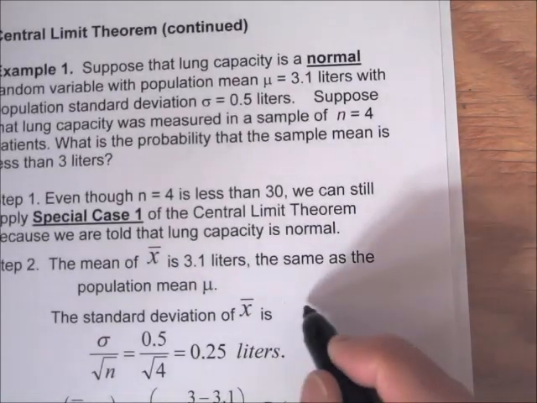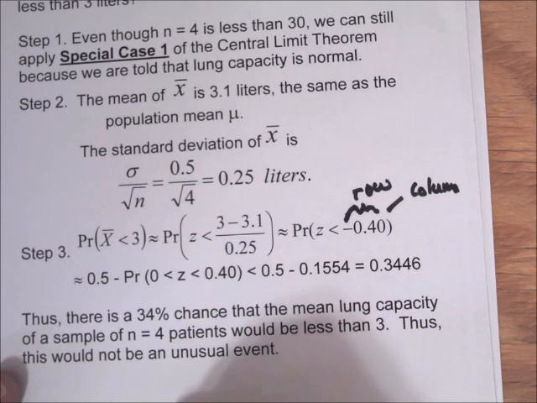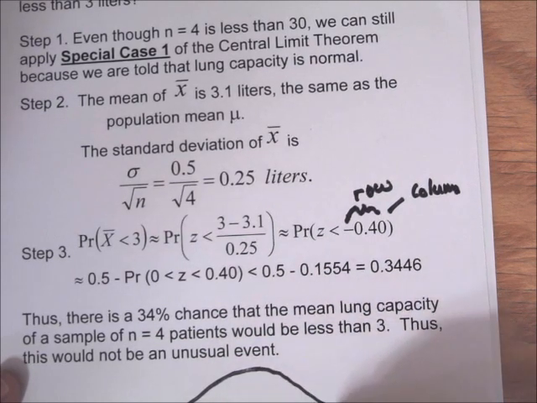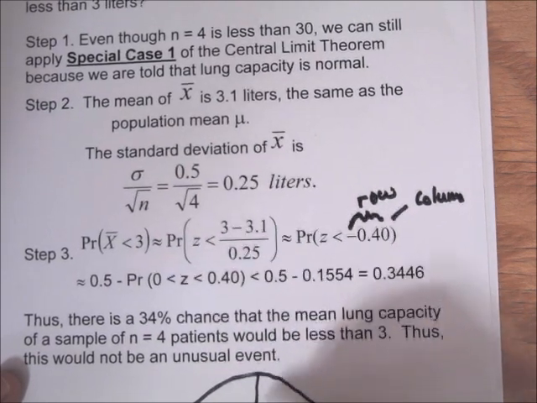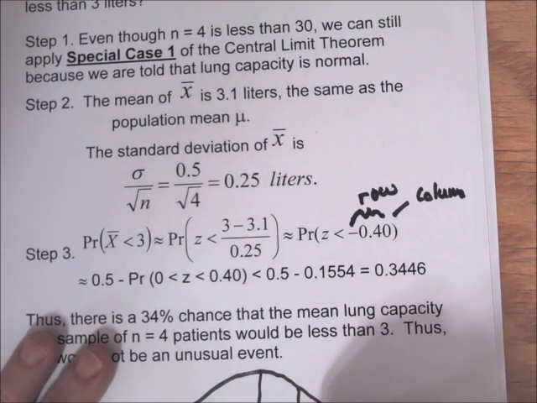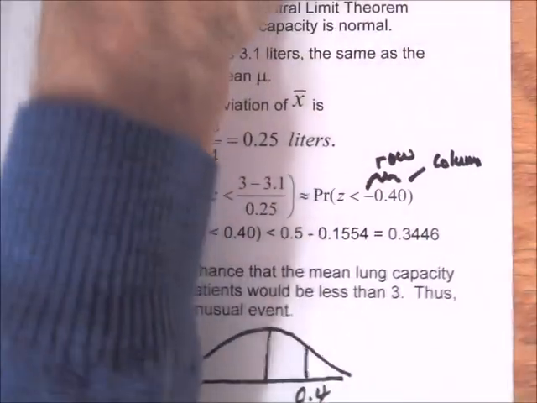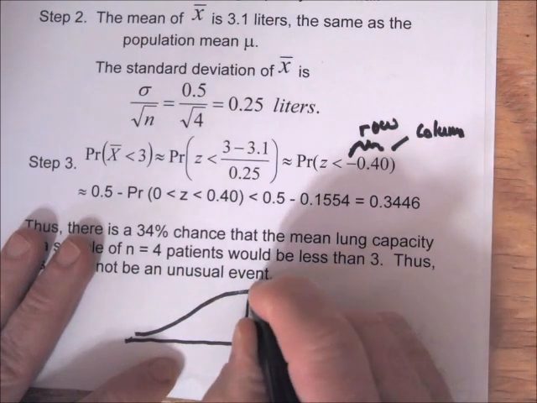So I'll make a graph down here. This is not to scale, because I want you to be able to see it. If I make it to scale, it's harder to see.